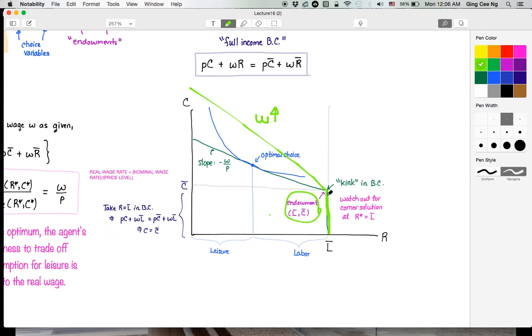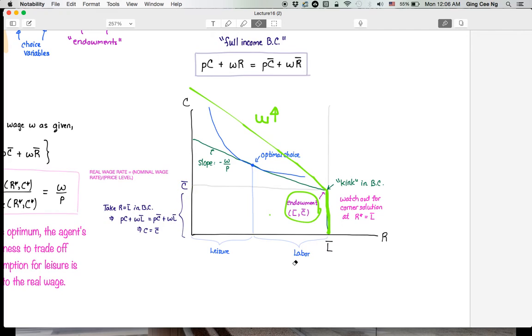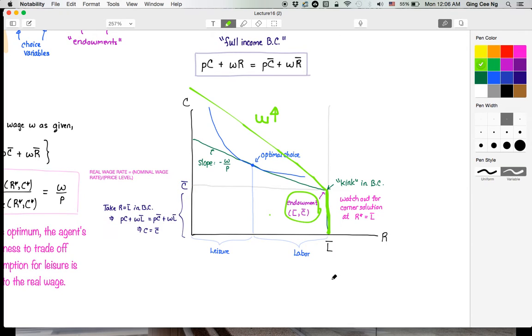Again, why do I have this thing? Well, just because my wage rate went up doesn't mean that it changed, holding the price of consumption constant. It doesn't change the maximum amount of consumption that I'm able to consume, nor does it change my time endowment. So I still have this kink, and the only thing that's changing now is the slope. Well, notice that now, compared to before, my purchasing power has increased because I've held price P, the price level, constant.